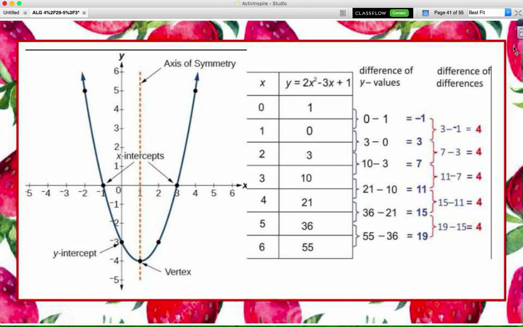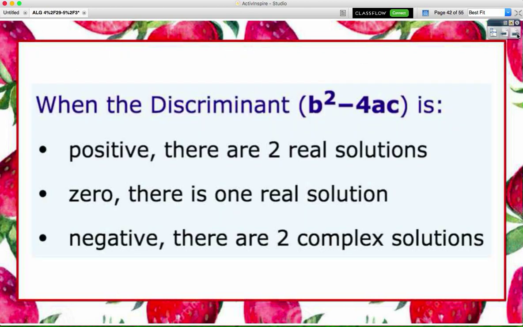All right. The next thing we need to talk about is what the discriminant is. The discriminant, we remember, came from the quadratic formula, and it was a way to tell us how many solutions there were going to be. If we plugged in a, b, and c from the equation and solved b squared minus 4ac, and it comes out positive, that means there are 2 real solutions.